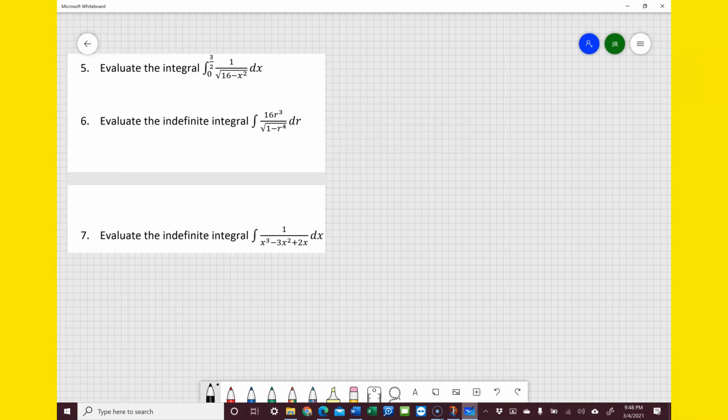That's the theory we're going in with, so let's try that. If we let u equal 1 minus r to the 4th, then du dr equals negative 4r cubed, and so du over negative 4r cubed equals dr.